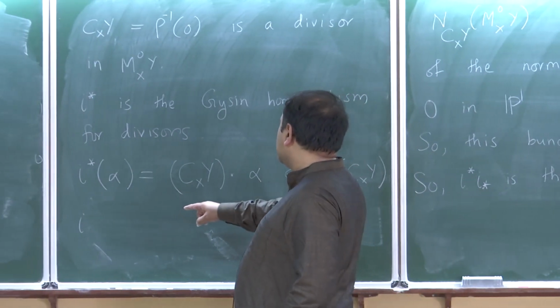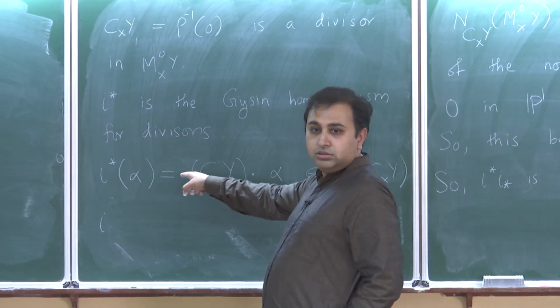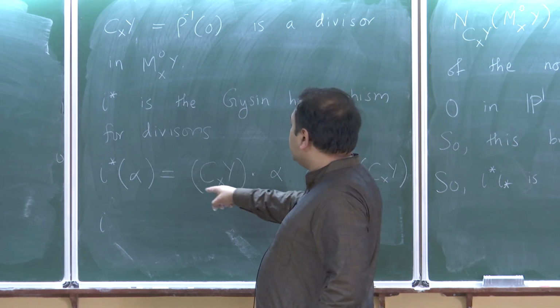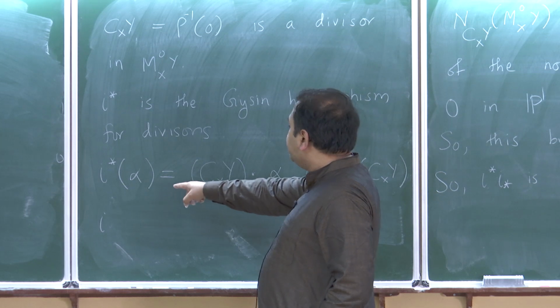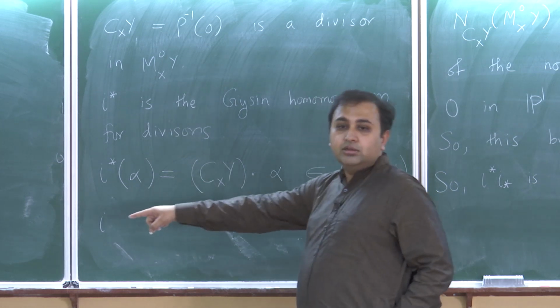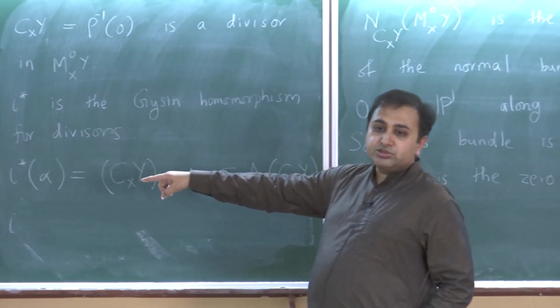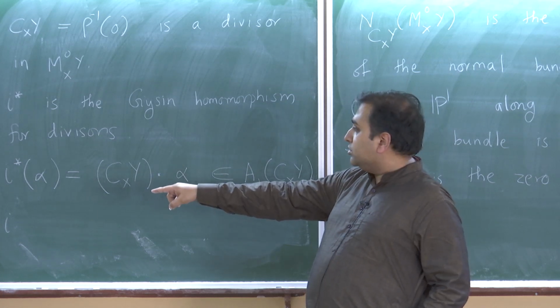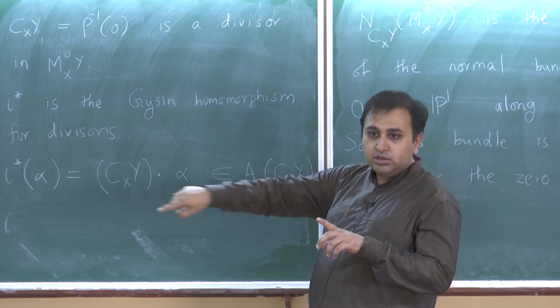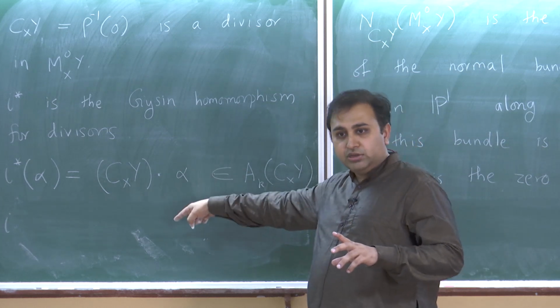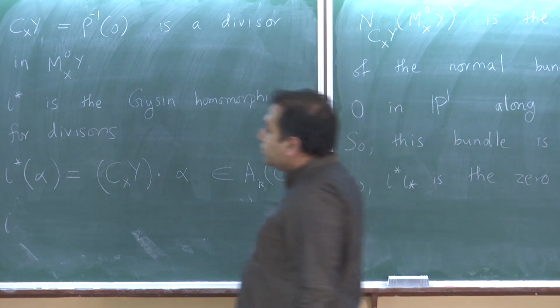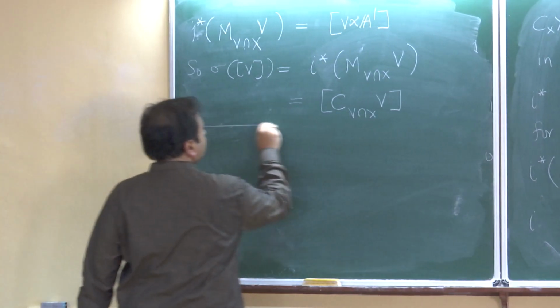There is nothing wrong with this statement, this is true. But now if we started with some beta in A_{k+1}(C_XY), then you use i lower star, so i lower star of beta is say alpha, then you apply this. So this is the specialization homomorphism.